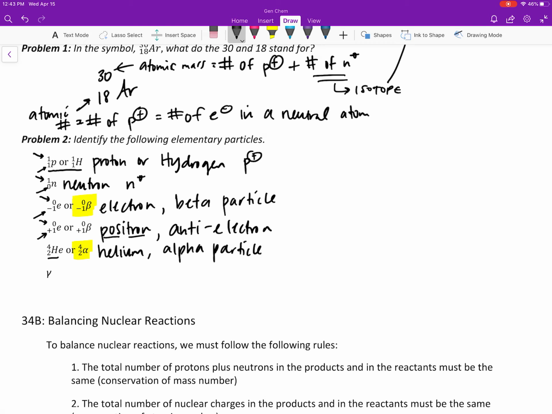So the way this works is I treat this like an algebra problem. The first thing I'm going to do is take all the numbers on the top and set up an equation: 212 is equal to 4 plus z.